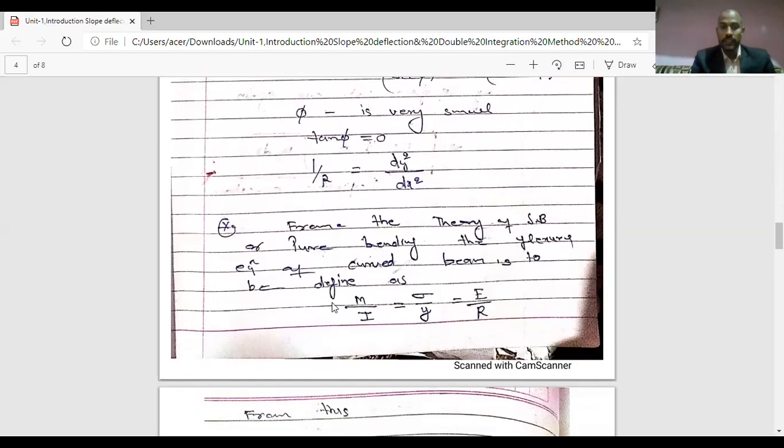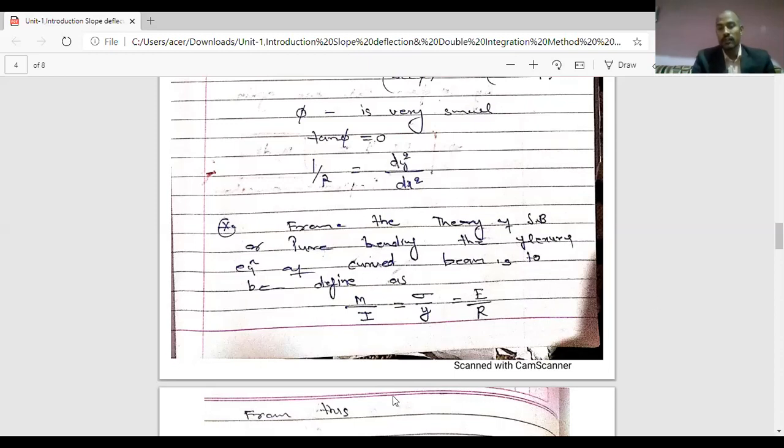So this part is important. This relationship we learn: M/I equal to σ/y equal to E/R. That equation is derived from the theory of simple bending or pure bending.